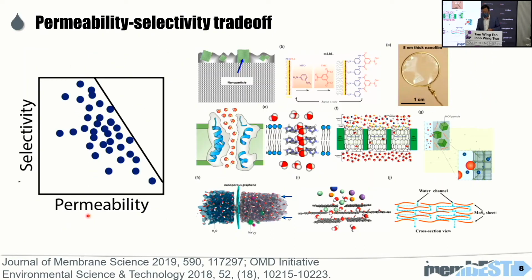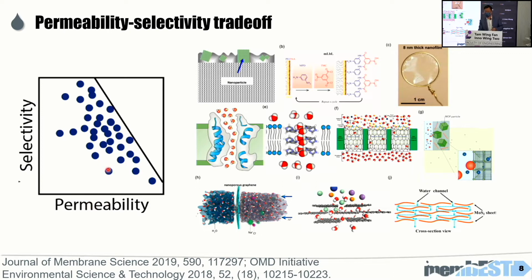Now, when we talk about membrane, one very important consideration is the so-called permeability-selectivity trade-off. Usually, when you make a more permeable membrane, you tend to lose selectivity. So if you move in this direction, higher permeability, less selectivity.